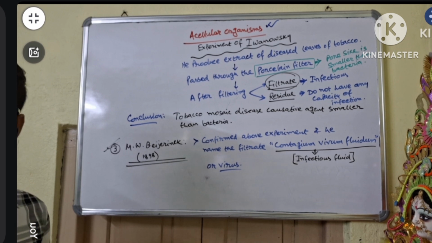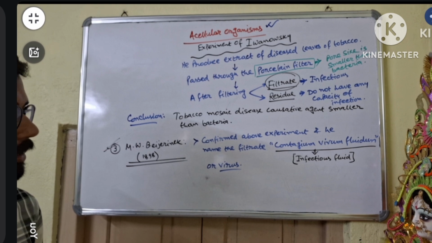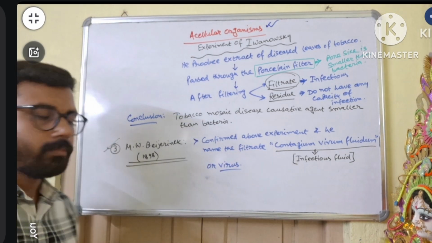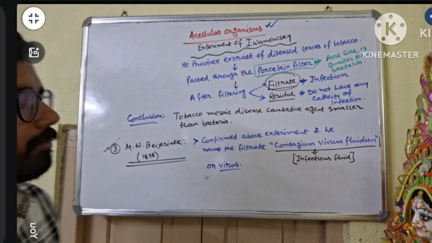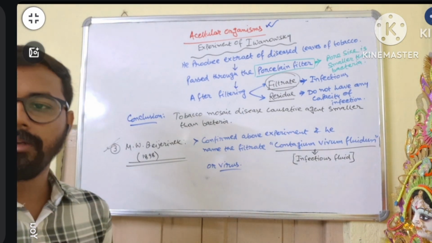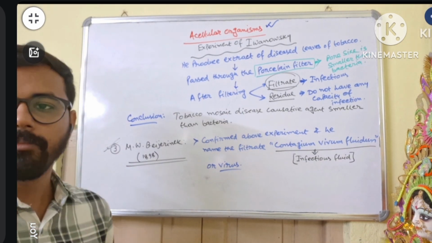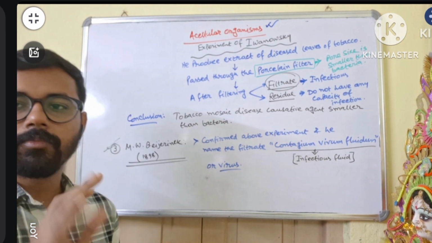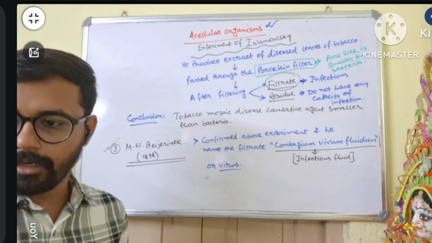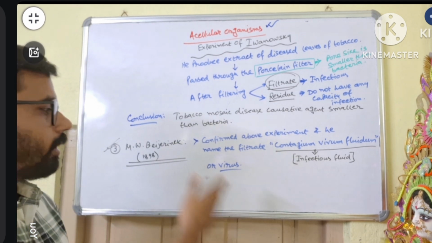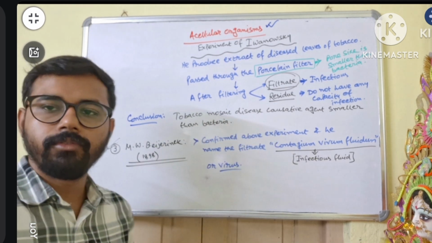So who coined the term virus? Who coined the term contagium vivum fluidum? Actually, Behring. After confirming the Ivanovsky experiment by repeating the same experiment and confirming that the causative agent is smaller than bacteria, we should name it in a different way, not bacteria. So the name given was virus or contagium vivum fluidum.